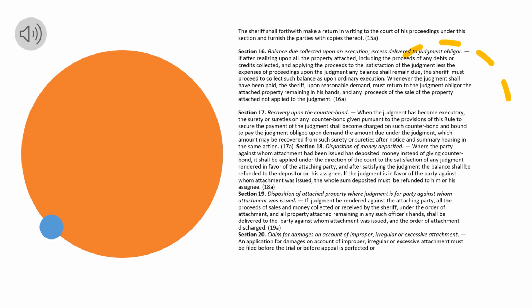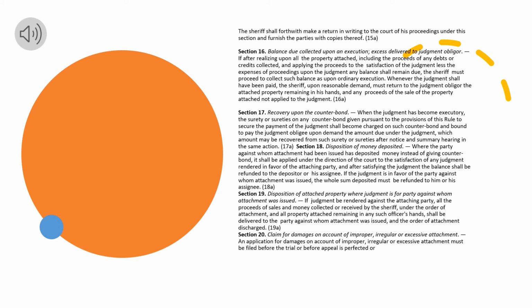The sheriff shall forthwith make a return in writing to the court of his proceedings under this section and furnish the parties with copies thereof. Section 16. Balance due collected upon an execution, excess delivered to judgment obligor.